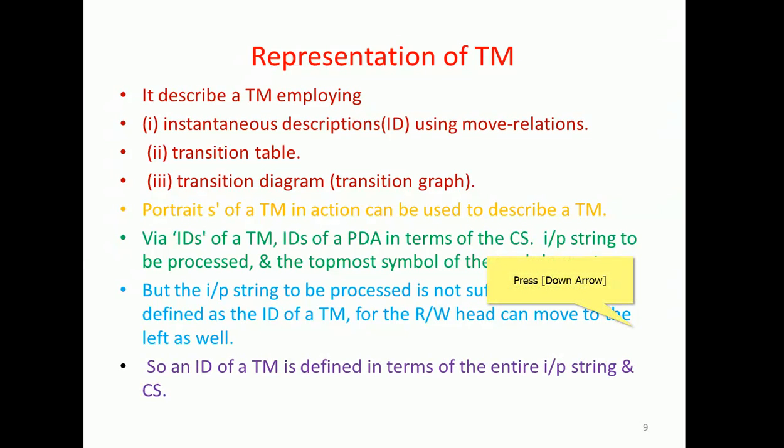So an ID of a Turing machine is defined in terms of the entire input string and the current state. With respect to the complete input and the current state, defining the Turing machine with the help of an instantaneous description may be more effective.